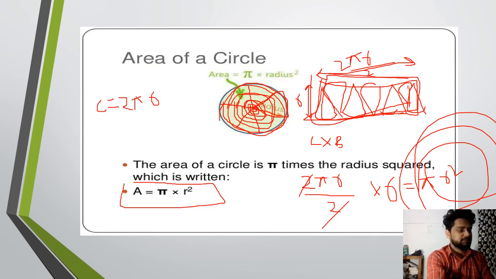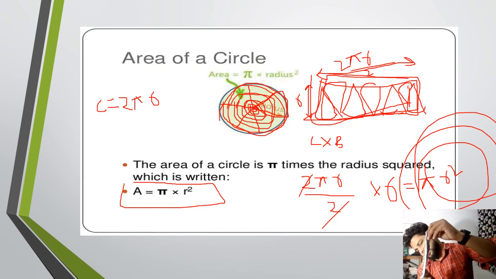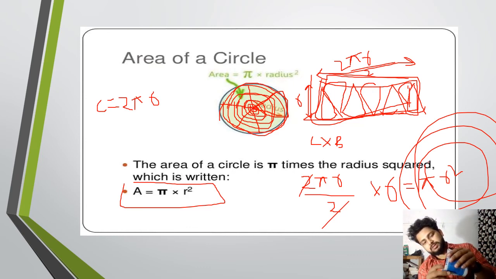This one is a small ring, and when we open this ring, it becomes a straight line. Are you able to see? We open this, it will become a straight line.